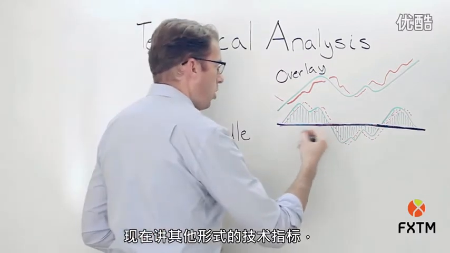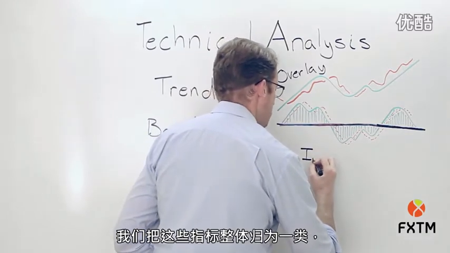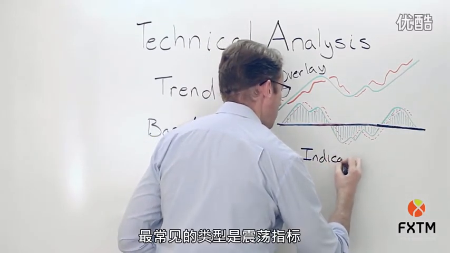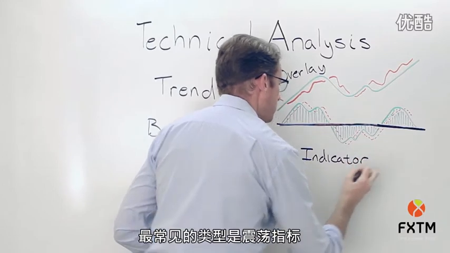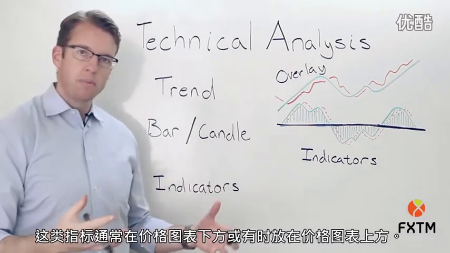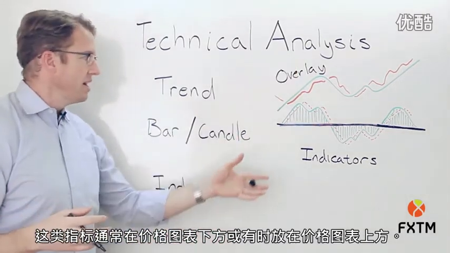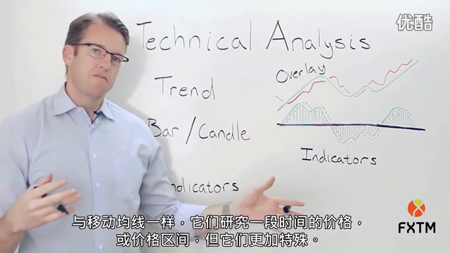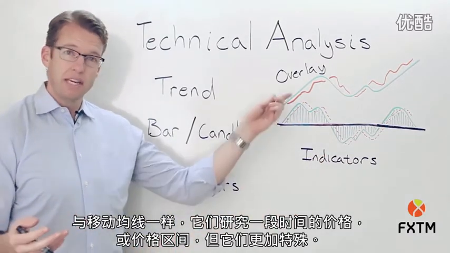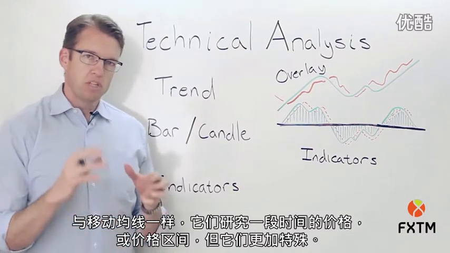Now, the other form of technical indicator, and we might just call these indicators in general, the most common type are oscillators, and indicators like this usually sit below the price chart, or sometimes you'll place them on top of or above the price chart. They are a study of price over time, like a moving average is, or like price bands are, but they are more specialized.